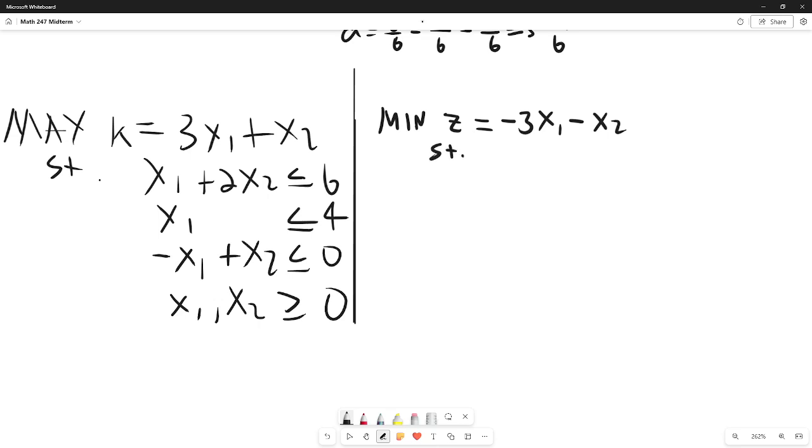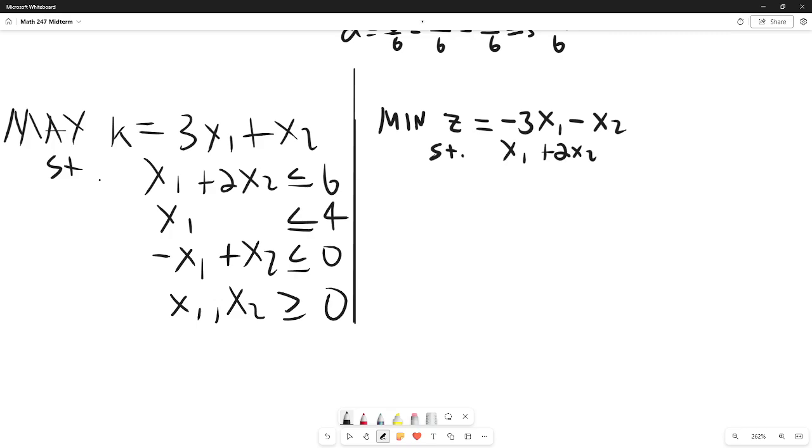Such that x1 plus 2x2, and now we see we have a less than or equal to sign. If we have a less than or equal to sign, that means that obviously this current value is potentially less than what's on the right. So it's potentially less than 6, right? And so to get it to be equal to it, we need to add some value.